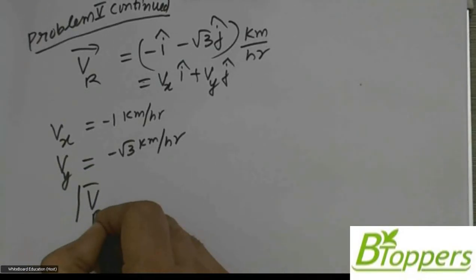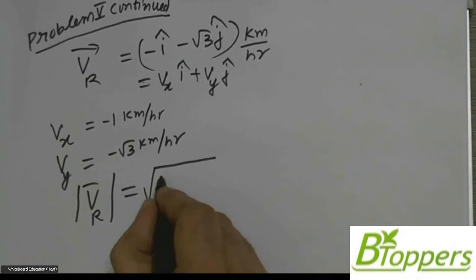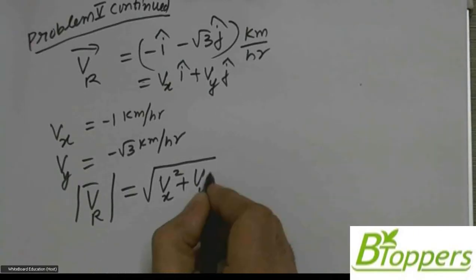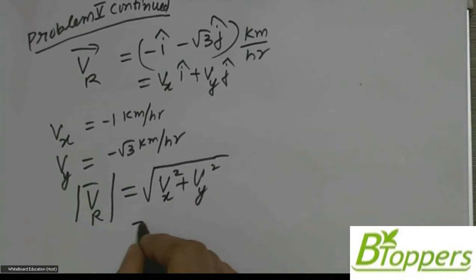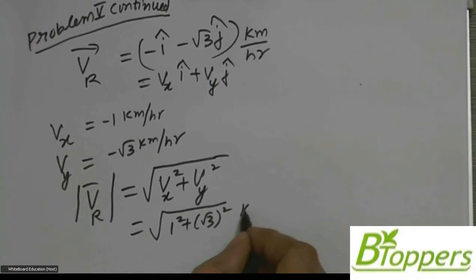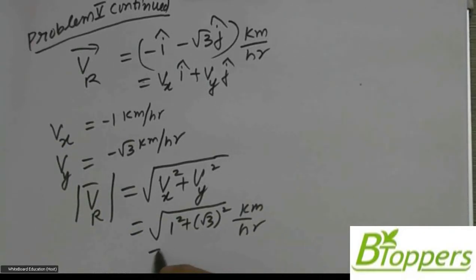Therefore, the magnitude of the actual velocity of the raindrops will be square root of Vx square plus Vy square. If you simplify this, you get 2 kilometer per hour.